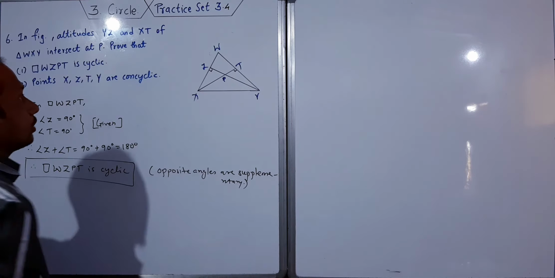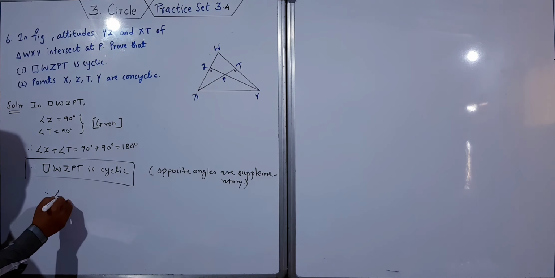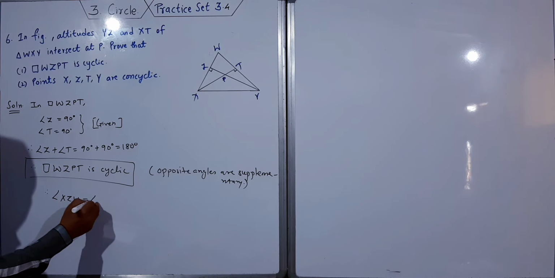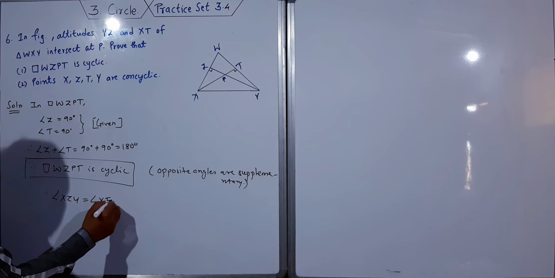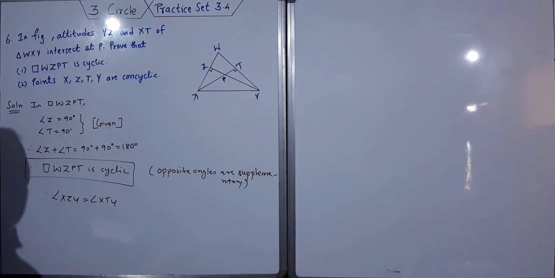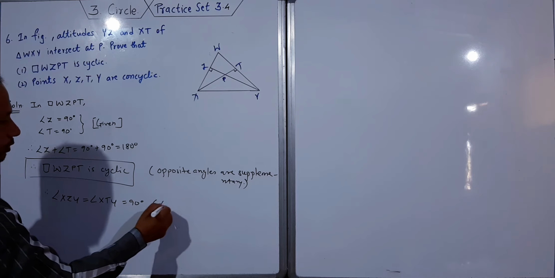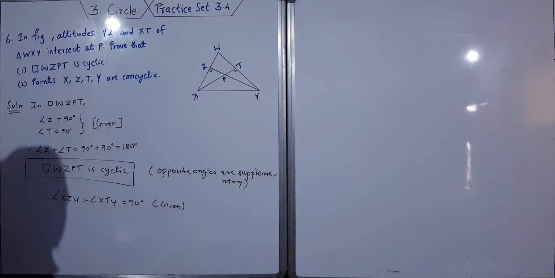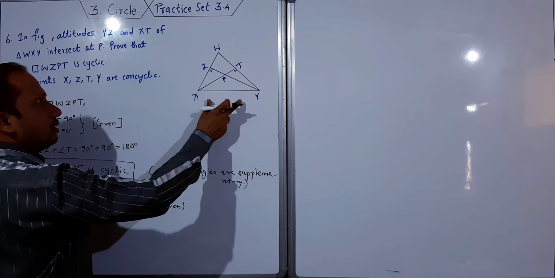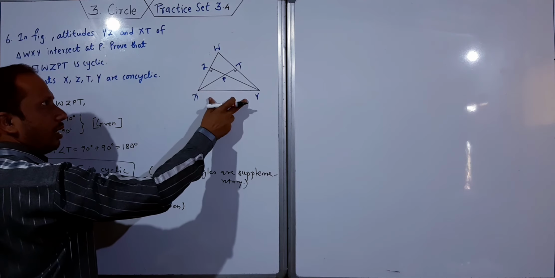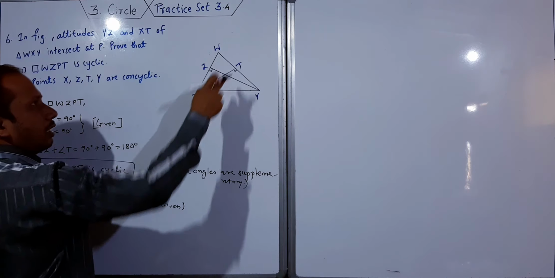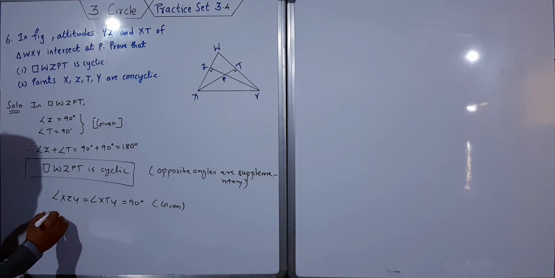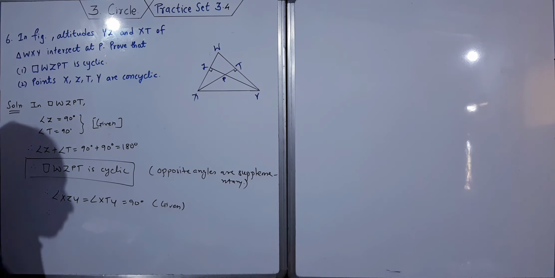You write this reason. Now come to the next point, points X, Z, T, Y. Angle XZY is equal to angle XTY, and XTY is equal to 90 degrees. It is also given. Therefore, XY, if I consider this as a chord, this is one of the arcs, and these are the angles.